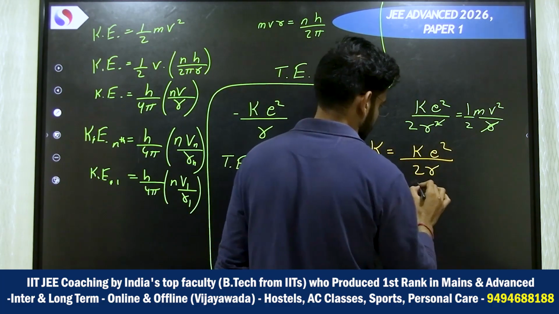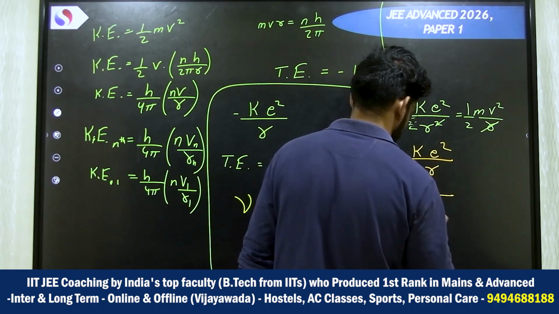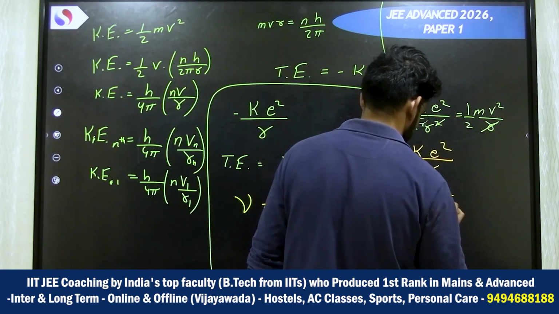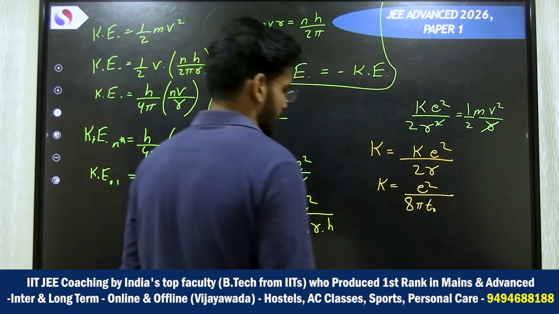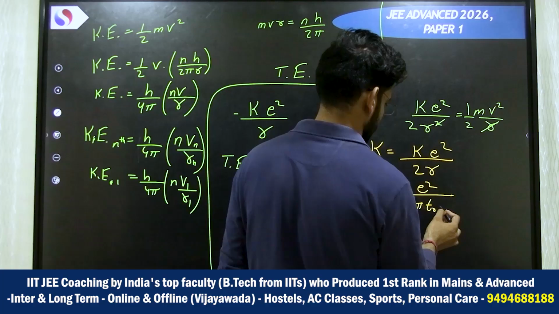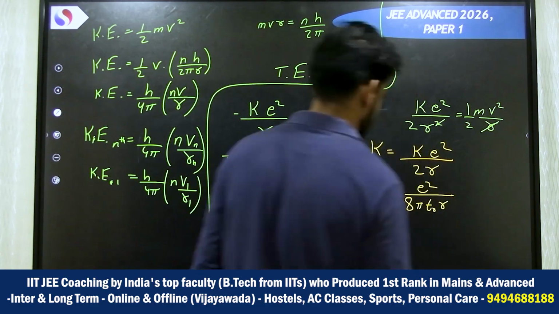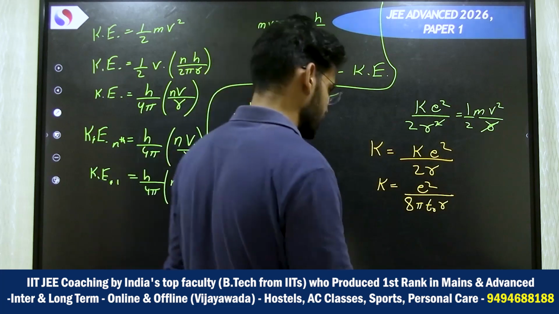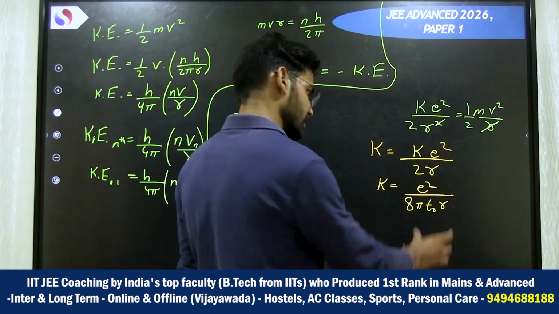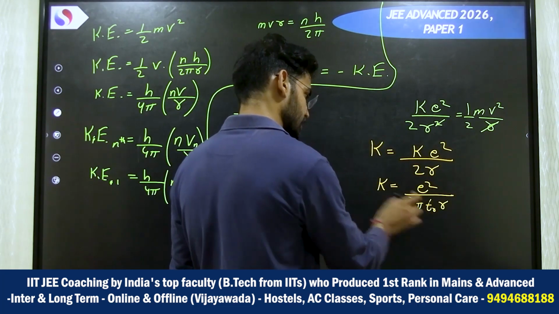So this will come as e square by 8 pi epsilon naught into r. Now if you see here, we want the kinetic energy, right? So what you do is take the 2 pi r factor to this side, divided by k.